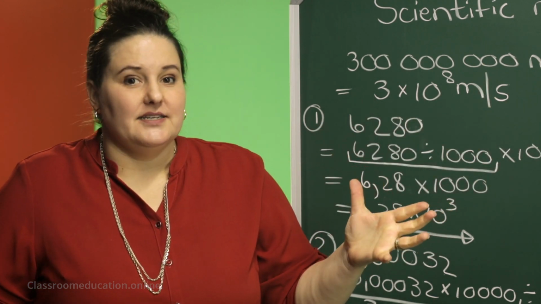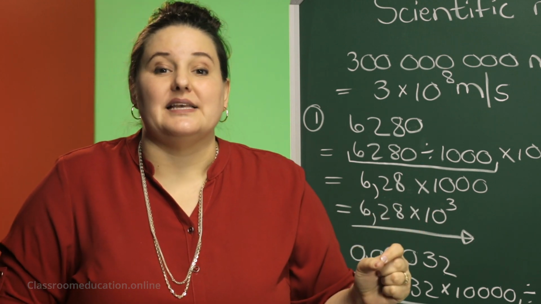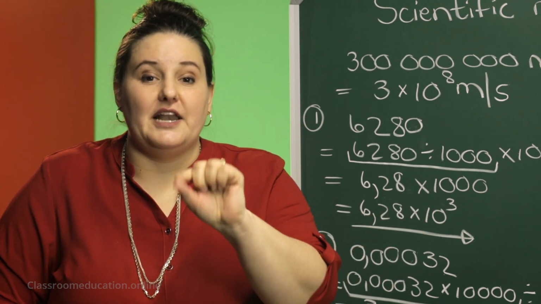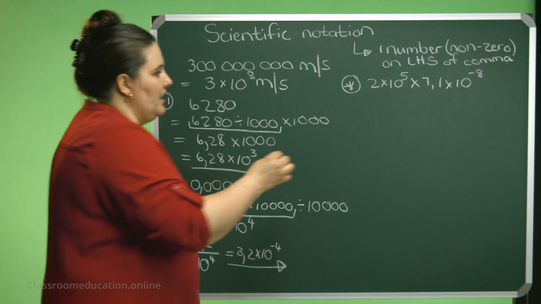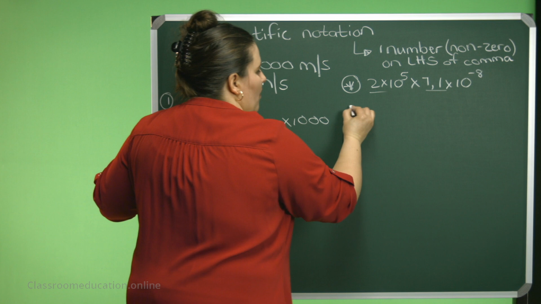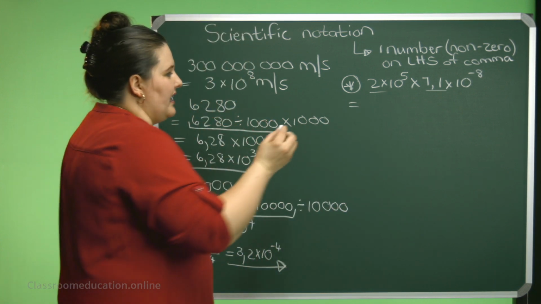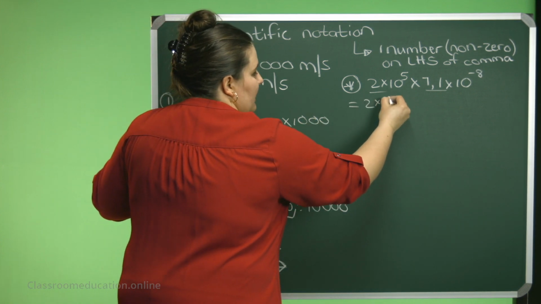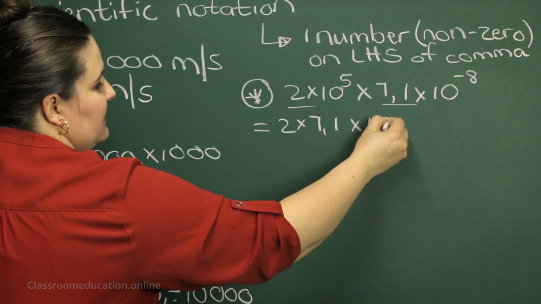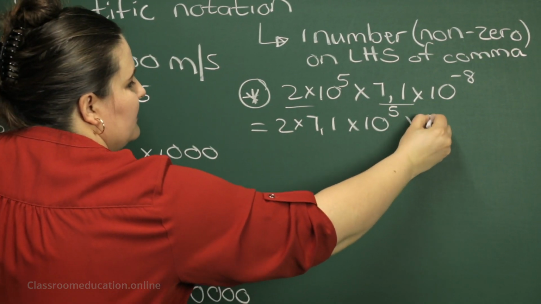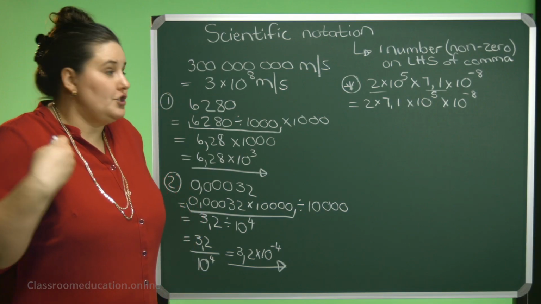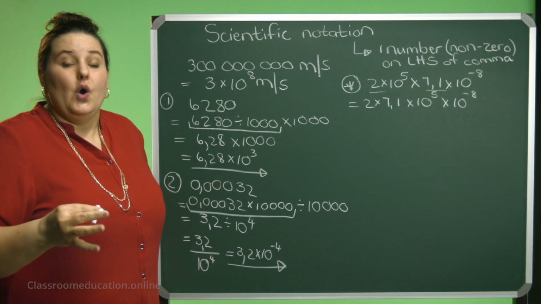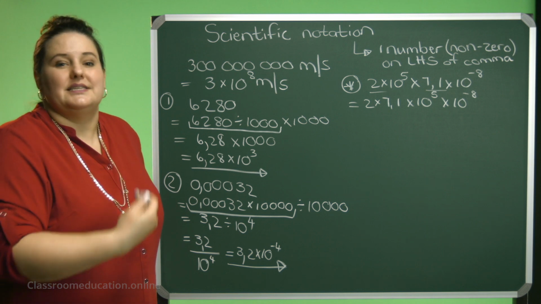Where will we start? Maybe it will be best by starting with the ordinary numbers, without the exponent. So, the 2 and the 7,1. I can rewrite that. I can say 2 times 7,1 times 10 to the power of 5 times 10 to the power of -8.